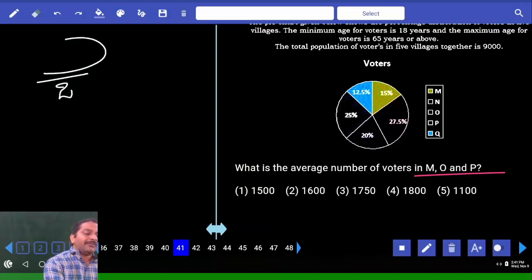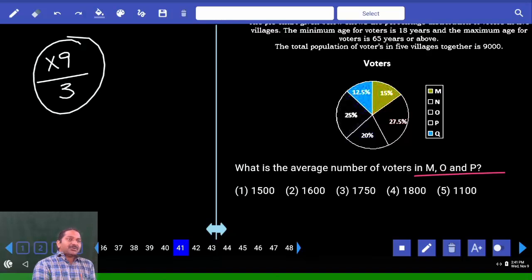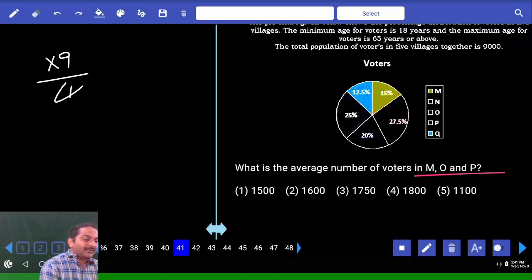In the numerator, we have to add 2 values, where the sum of both numbers must be a 9 multiple. If it is average for 3, what should you write in the denominator? 3. So can you verify the 9 multiplication rule? You can verify only the 3 rule. If it is average for 4, yes, it will work. Average for 5, will work. Average for 6? No. Average for 7?